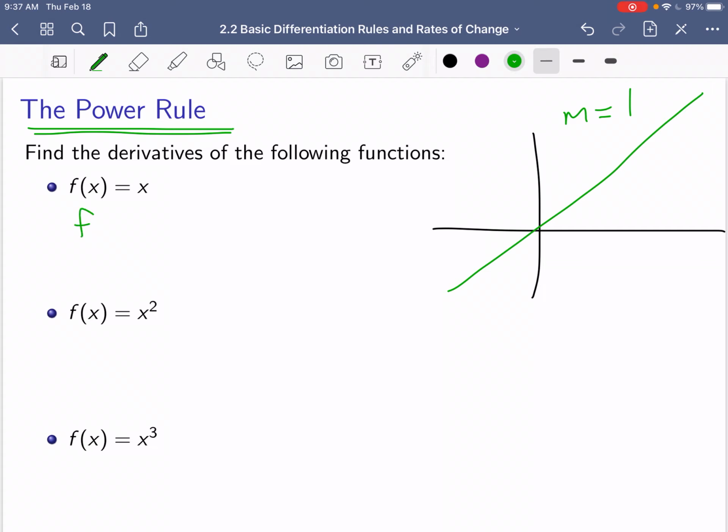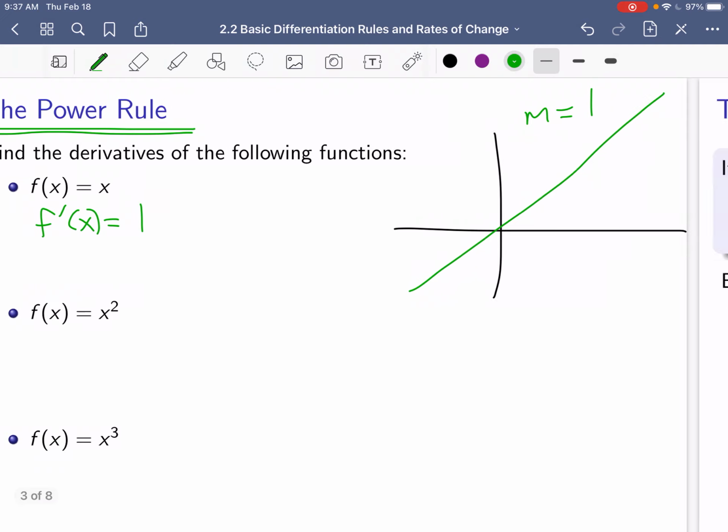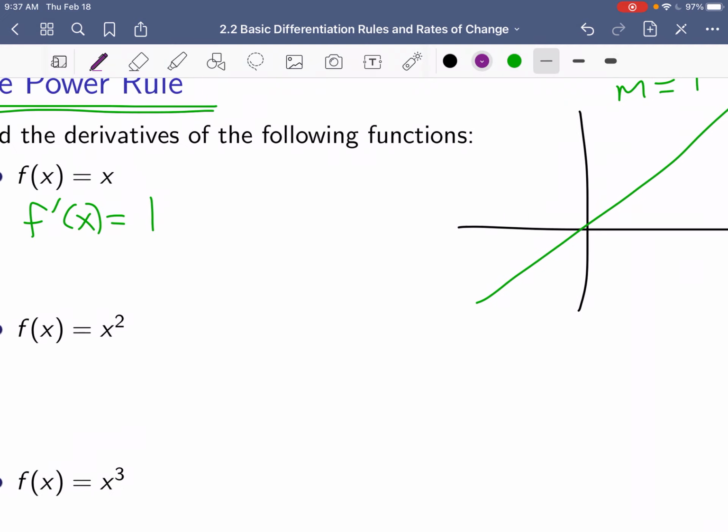So our derivative is the instantaneous rate of change. It's the slope of a tangent line. That slope is 1. We could also roll through our limit definition. Right, so we could say the limit as delta x approaches 0, x plus delta x minus x over delta x.